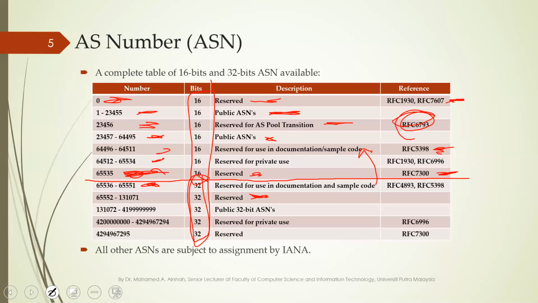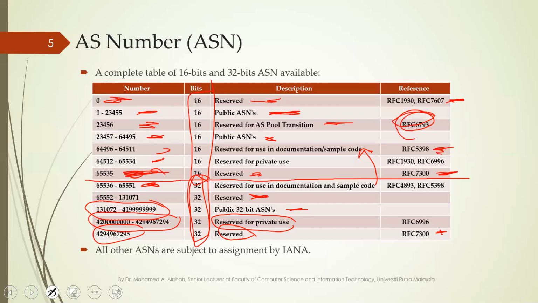There is no information about it. And for this here, we can see the huge range that can be used for public. And this one is for private use. And this one is reserved, maybe based on the RFC here, 7300.